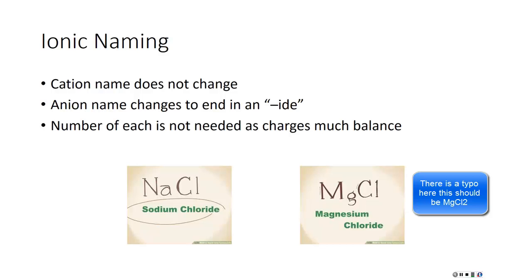Now, naming ionic compounds. Naming of ionic compounds breaks down to 2 basic ideas. And really, the first one's kind of silly. So to name an ionic compound, the cation name stays the same.